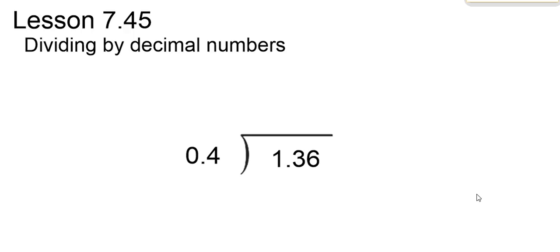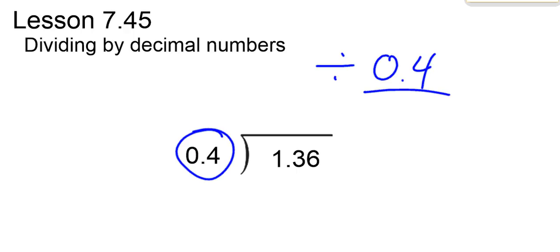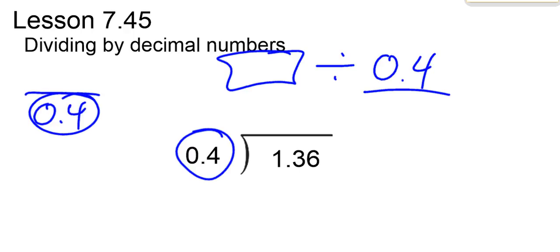We've talked about this already this year, but we want to make sure we fully understand this idea of dividing by a decimal number. That means the decimal is here on the outside of the box. It's the divisor, the second number, not the first one. The first is always the dividend, and the divisor would eventually be on the bottom of a fraction bar or a division bar.